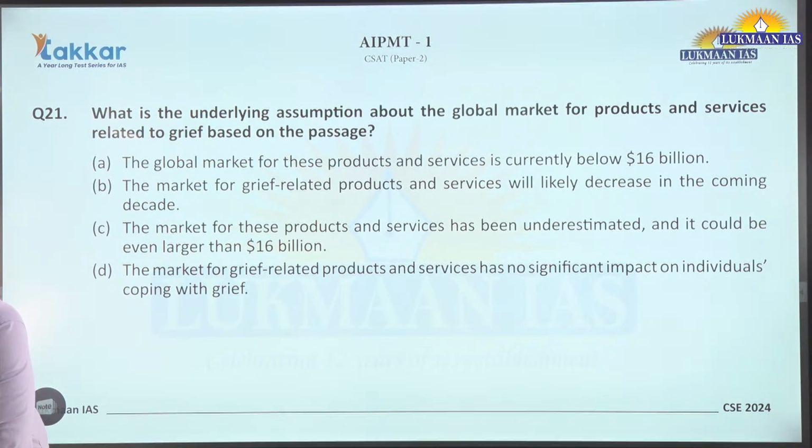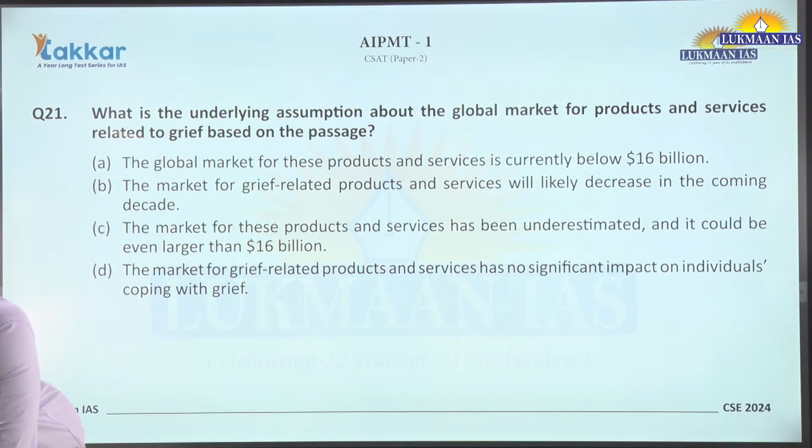First option is below $16 billion, but the passage says more than $16 billion. And the second option is decrease in the coming decade. It will increase in the coming decade in the passage. So option C is no significant impact on individuals. It was very easy again. Very easy. It was a direct question based on fact only.